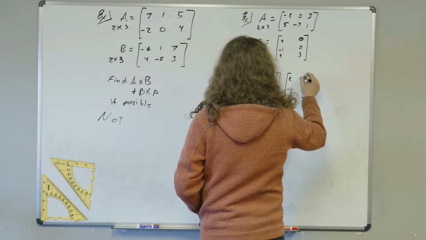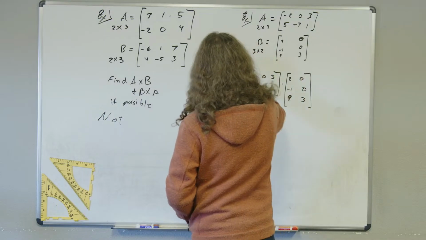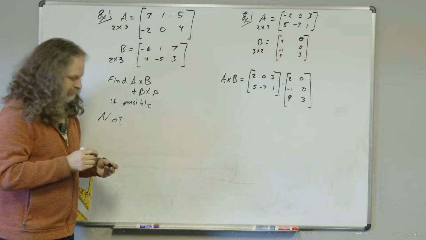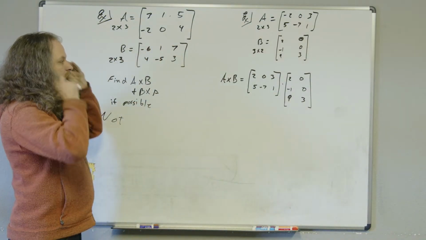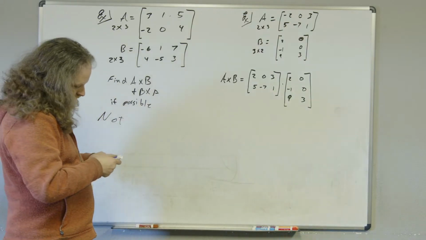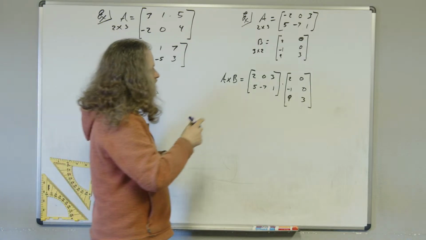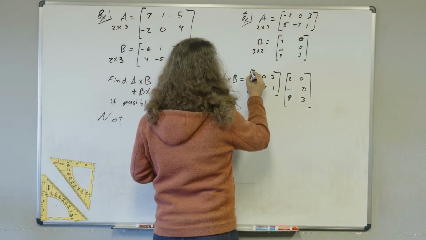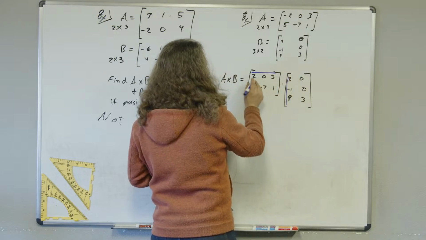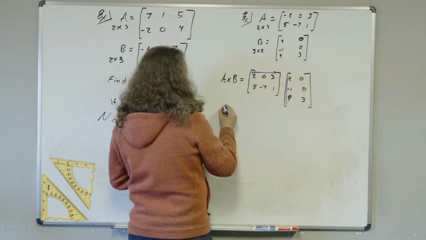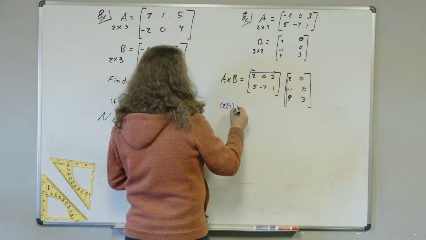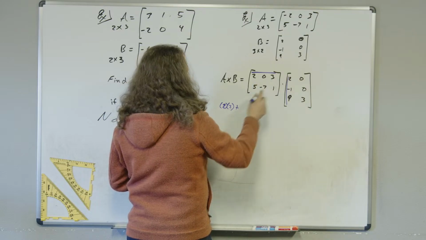So to multiply matrices, we do row times column. We would start by doing this row times this column. So we would go 2 times 2 plus 0 times negative 1, plus negative 2 times 9... plus 3 times 9.